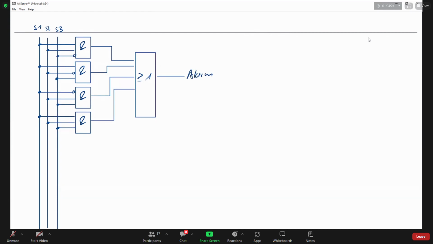What I'm now doing in the KNF is nothing else than adding that two more times.